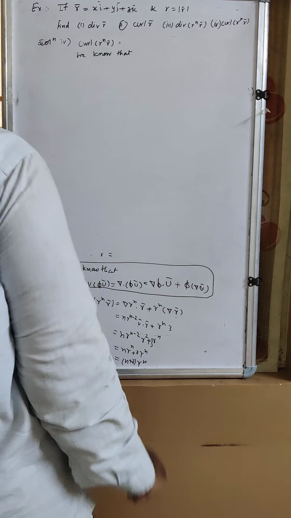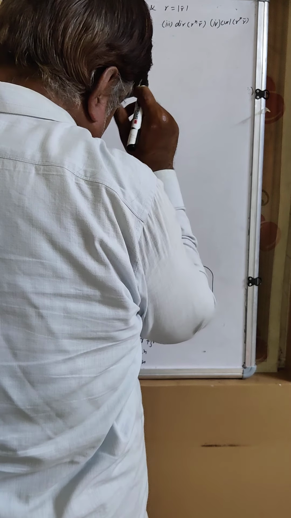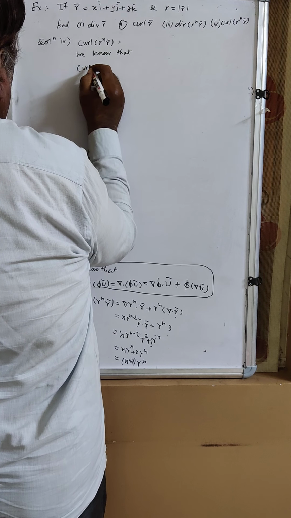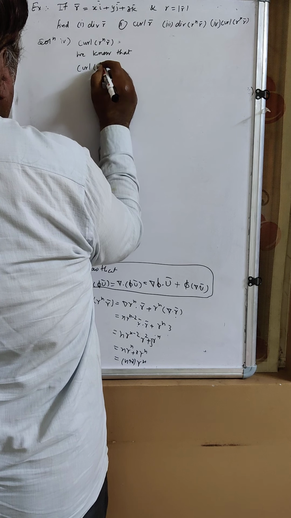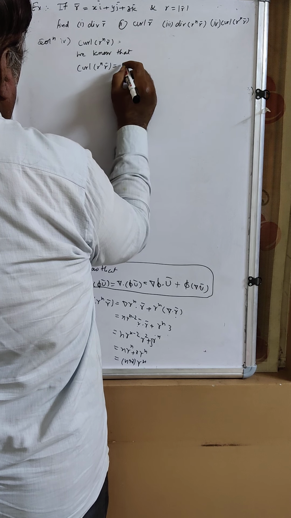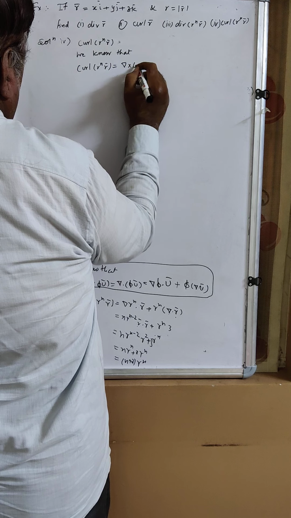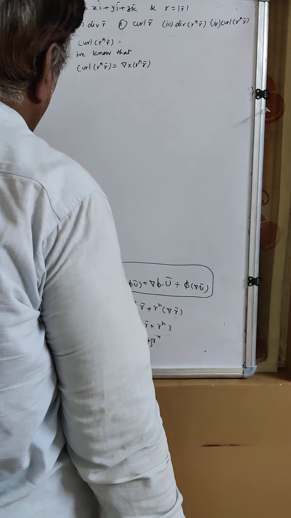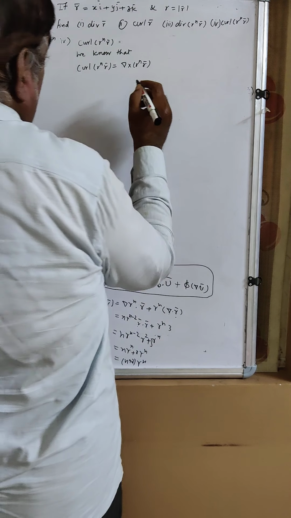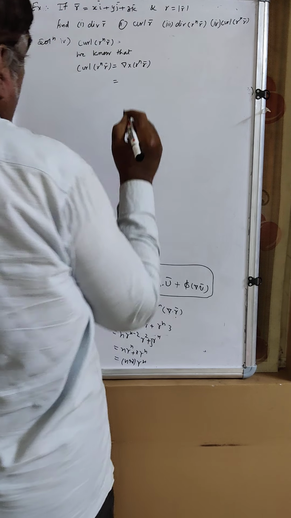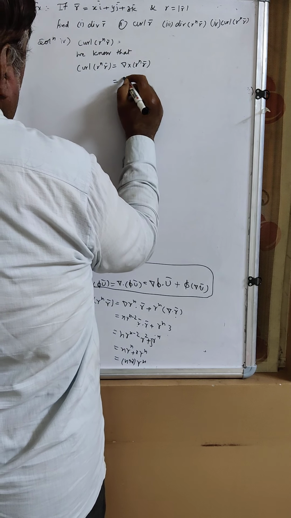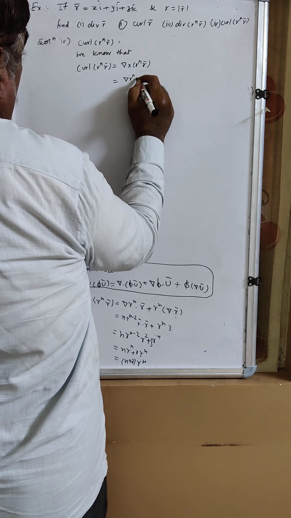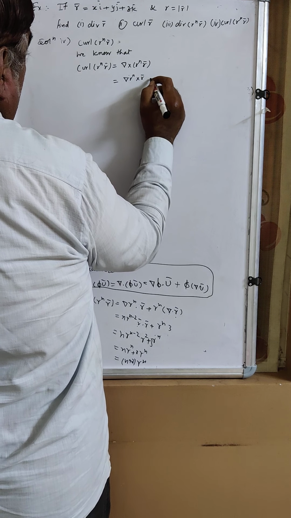Here r raised to n is a scalar quantity, r is a vector quantity. Curl of r raised to n r vector is equal to del cross r raised to n r vector, which is equal to del r raised to n cross r vector.